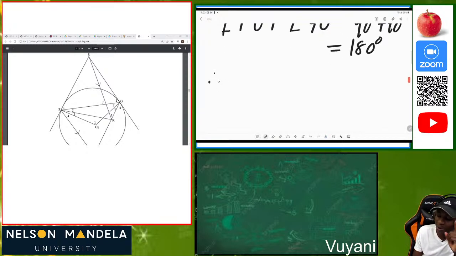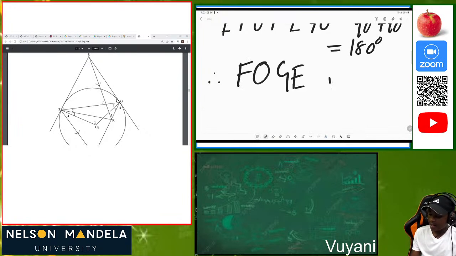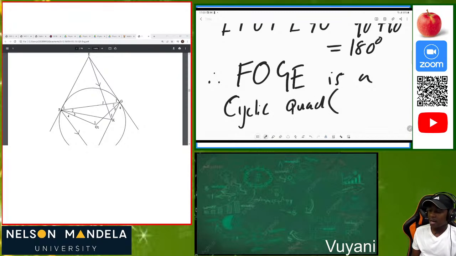So we can now conclude that therefore FOGE is a cyclic quad. Why? Because the opposite angles are supplementary.